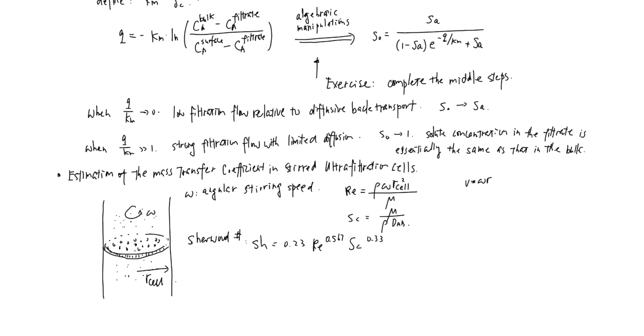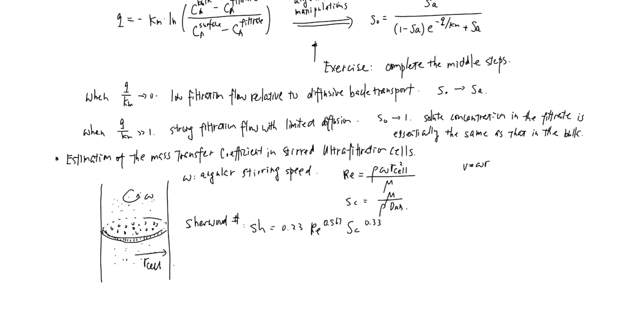Because the Sherwood number is related to the convection across a boundary layer. If you have a boundary layer, I also draw this. Let me just draw a lot of dots here. If you have a boundary layer of solutes, and the mass transfer coefficient of the boundary layer is Km, then the Sherwood number relates to Km by this equation we discussed in an earlier lecture.